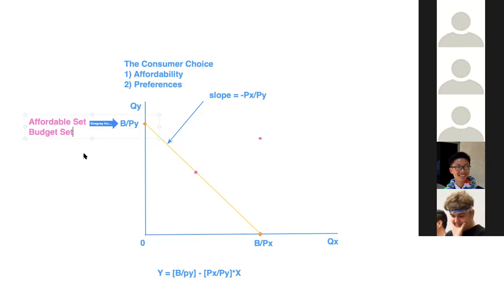That includes every consumption bundle on the budget constraint and, I'll say, below it.